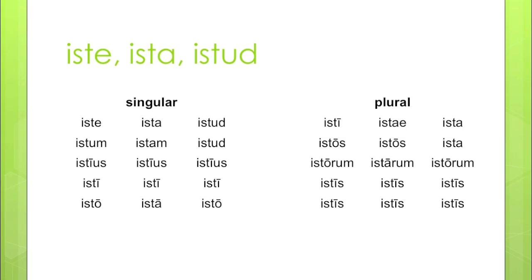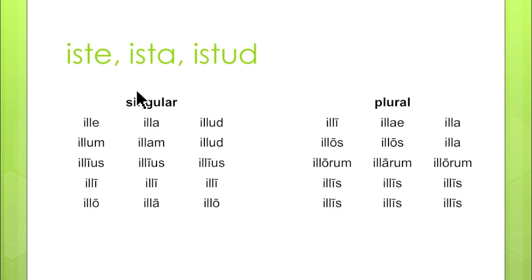But before we do that, let's just have a word about iste, ista, istud. Iste, ista, istud declines exactly like ille, illa, illud. Here is the declension of iste, ista, istud. Here is the declension of ille, illa, illud.